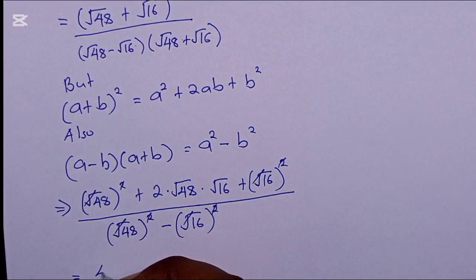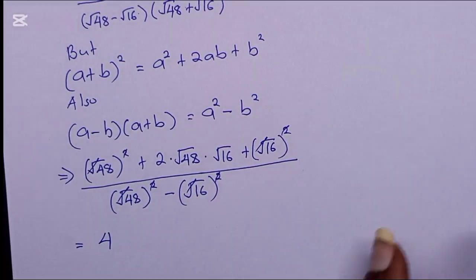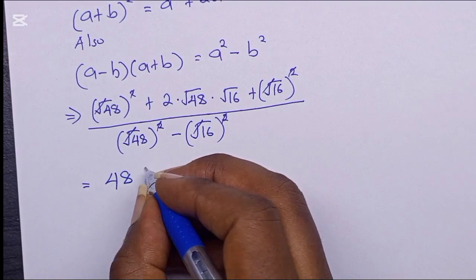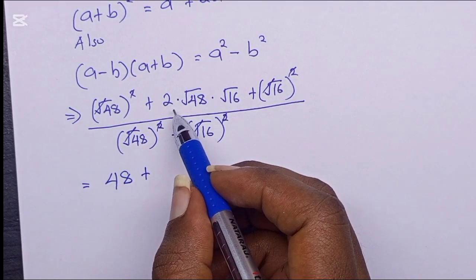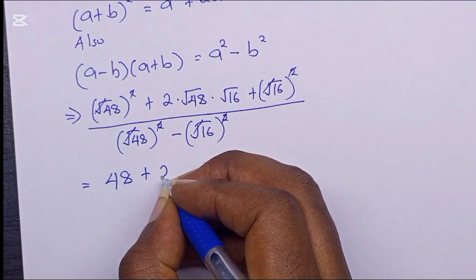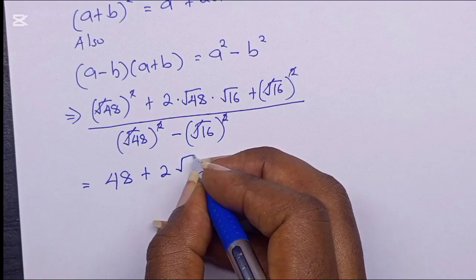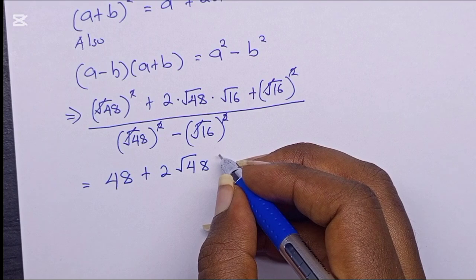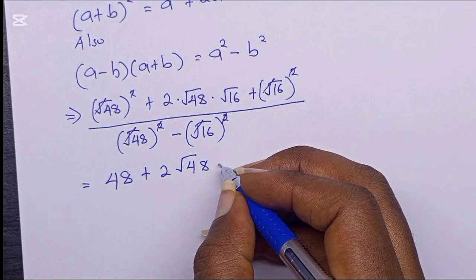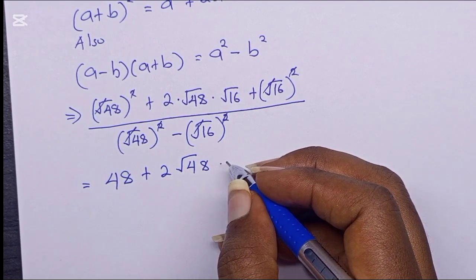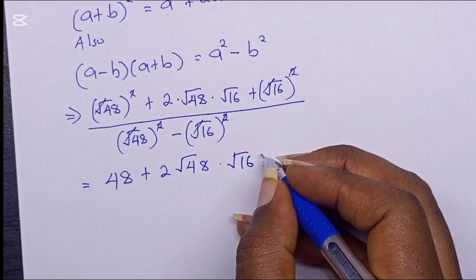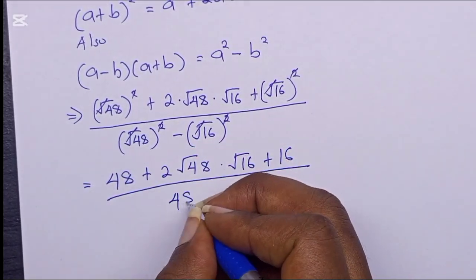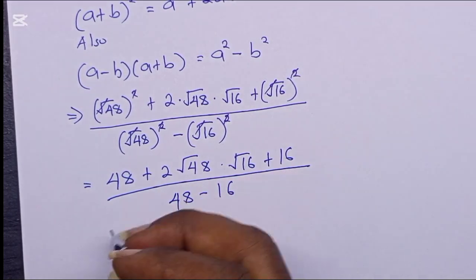So we are left with 48 plus 2 root 48 times root 16 plus 16 over 48 minus 16.